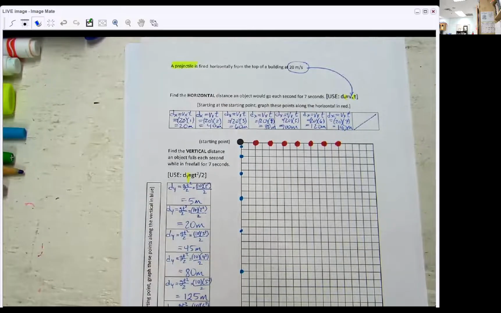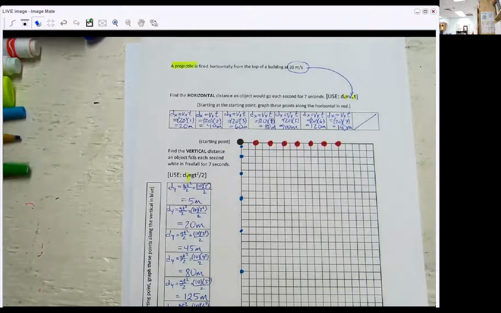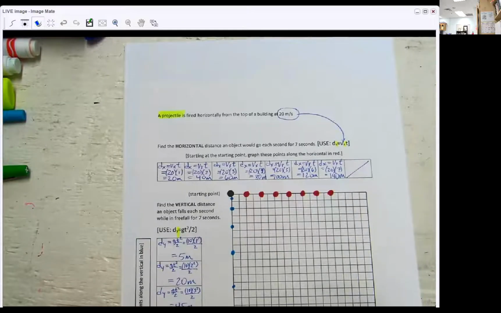So to get an idea of what the object would look like, the path that it would take, we have to do a combination of horizontal and vertical at the same time. So the place where those two positions will meet is going to show you the path here.